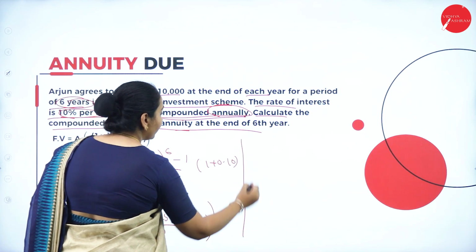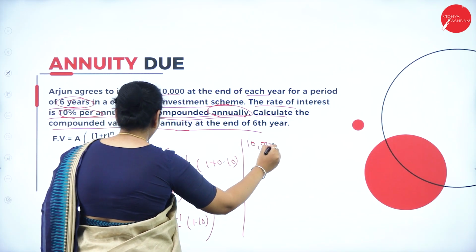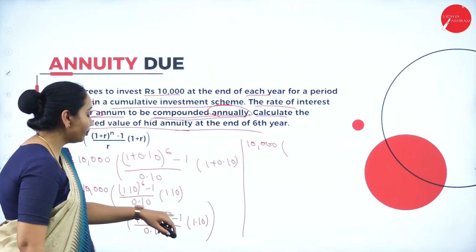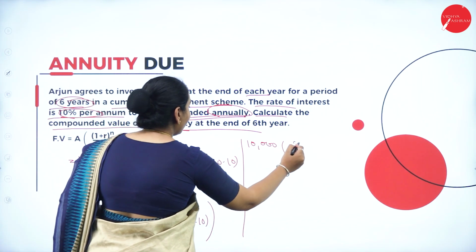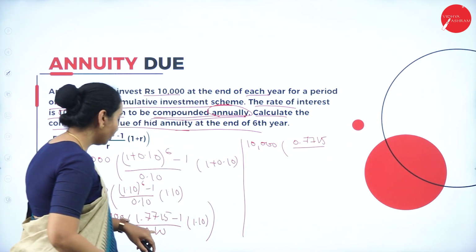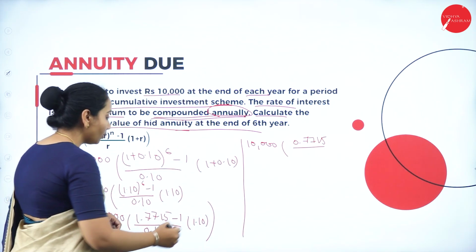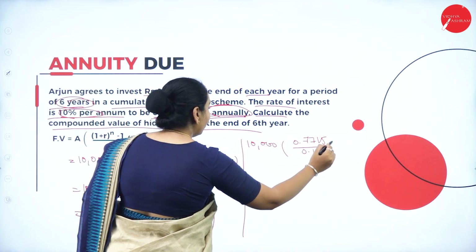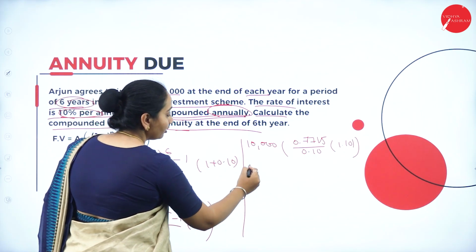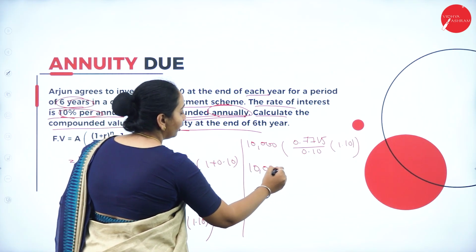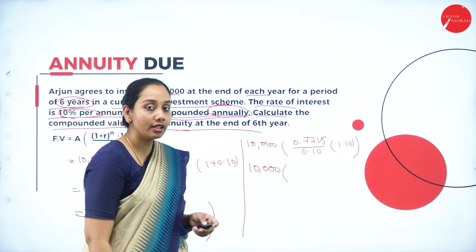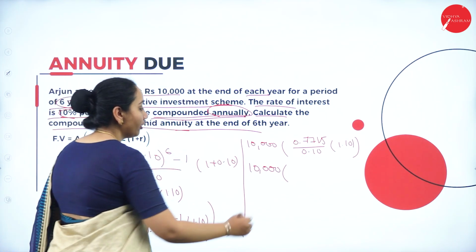So next step, 10,000 into 1.7715 minus 1 will get 0.7715, divided by, so we have the same denominator, 0.10 into 1.10. So next step, 10,000 into 0.7715 divided by 0.10, so we'll get 7.715.